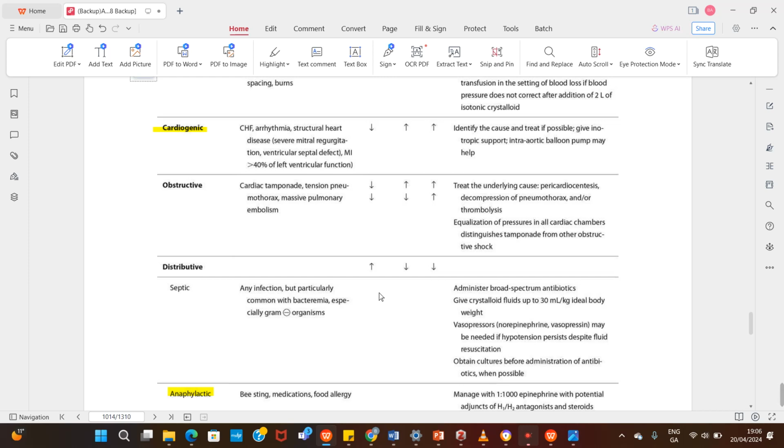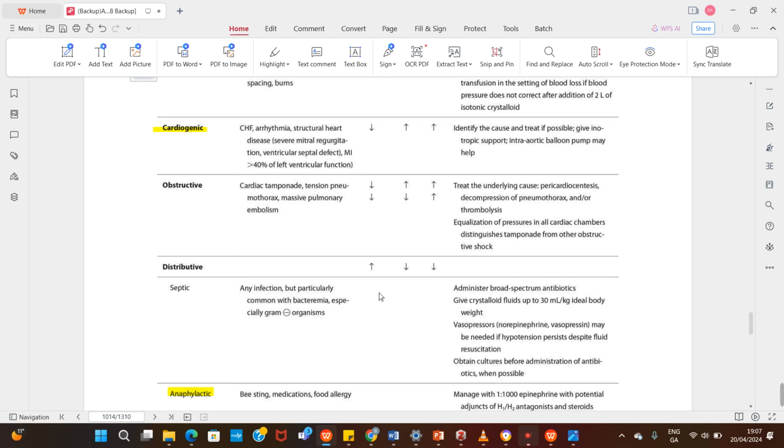Some people might actually need vasopressor support, because for you to even call it septic shock, it means that that individual needs vasopressor to keep the mean arterial pressure above 65 millimeters of mercury, and the lactate level is more than 2 millimole per liter. So I'm not trying to confuse us. We are going to get there, and we'll discuss it more.